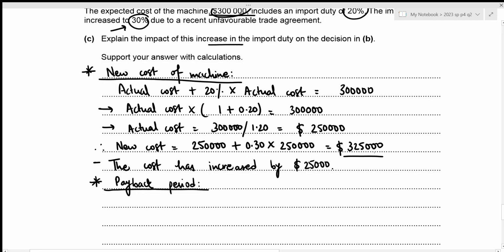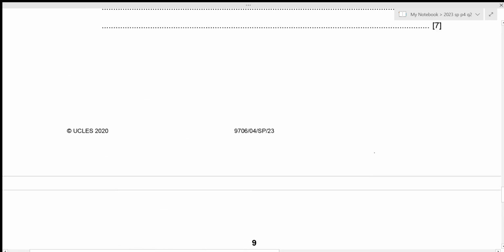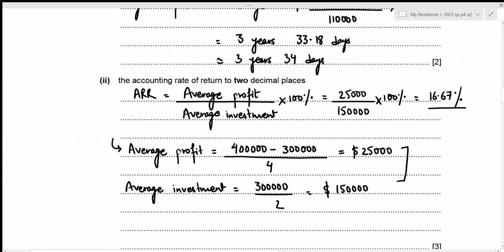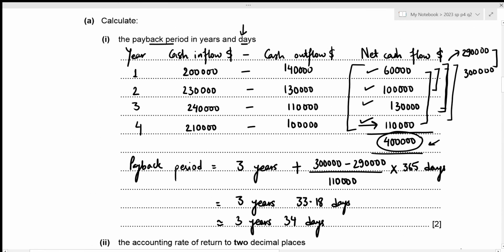And the cash flows do not change, right? So we can just refer to our previous cash flows, which is right here. So what we figured out was that from 3 years, we got 60,000 plus 100,000 plus 130,000, which is 290,000 of the investment back out of the total investment of 325,000, right? So the remaining amount will be funded by the cash flow from our fourth year, which is 110,000.